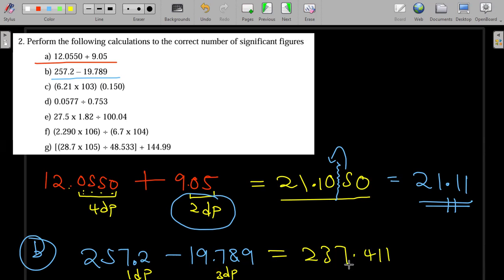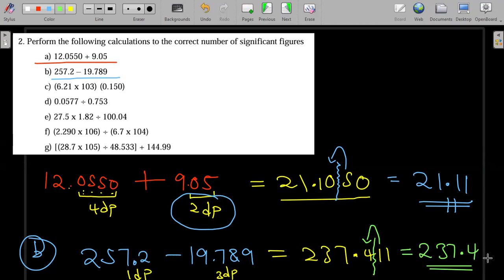Okay, I'm getting 237.411. Okay, so my aim now is to make this number have 1 decimal place. So I'm going to round off from here. So I'll round off this 1 to this 4. Since 1 is less than 5, I won't add anything to this 4. So it means my final answer will just be 237.4. So this is the final answer there.